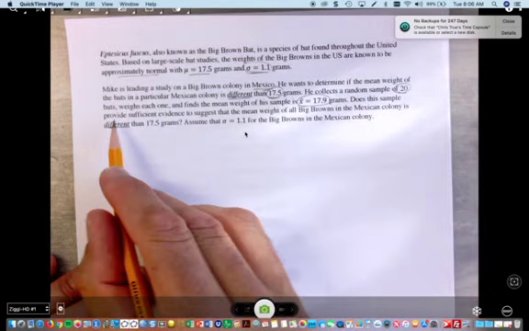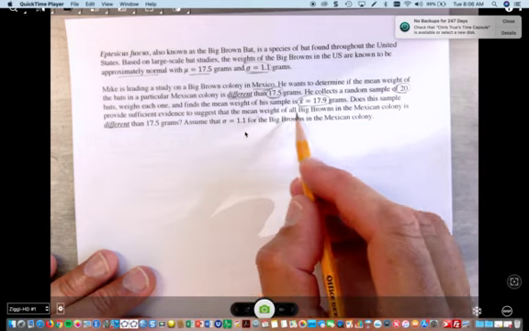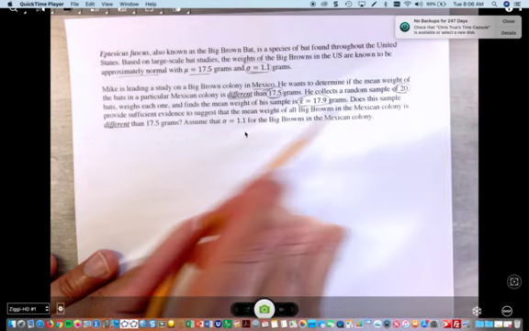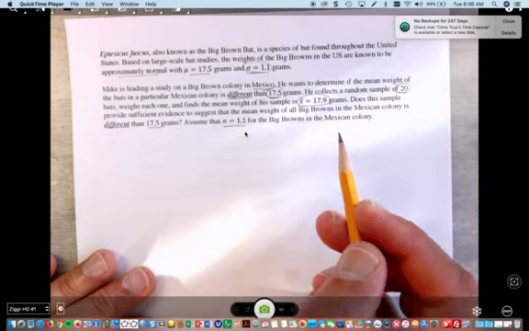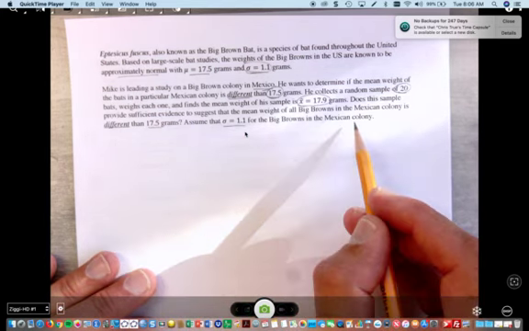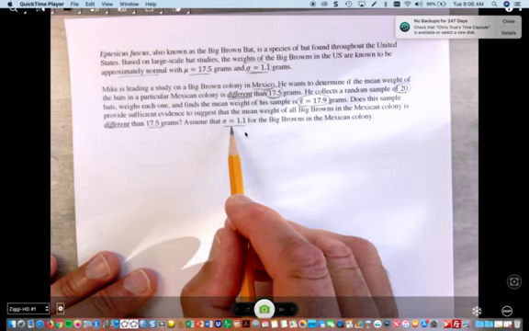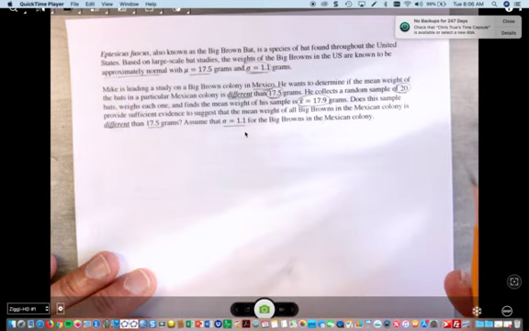Does the sample provide sufficient evidence to suggest that the mean weight of all brown bats in the Mexican colony is different than 17.5? We're going to assume that sigma is 1.1 for the Mexican bats, and also that it follows a normal distribution.